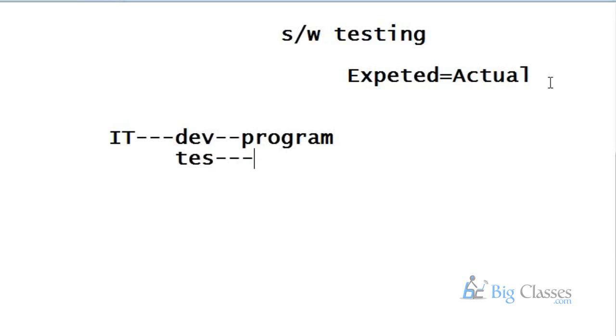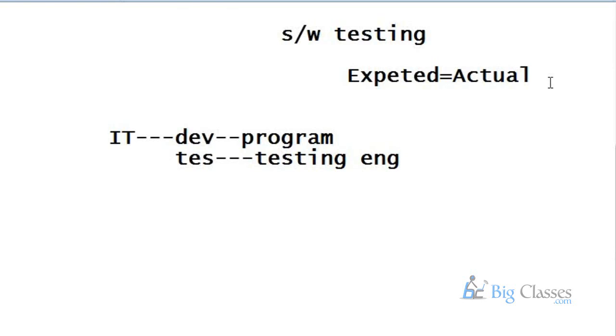Mostly with any new thing in this world, the person who develops it conducts the testing, but in the IT sector, development is done by one person and testing by another. Why? They make sure there is no loophole or problem in developing the software. Whatever is done by the programmer should be checked by a testing engineer.